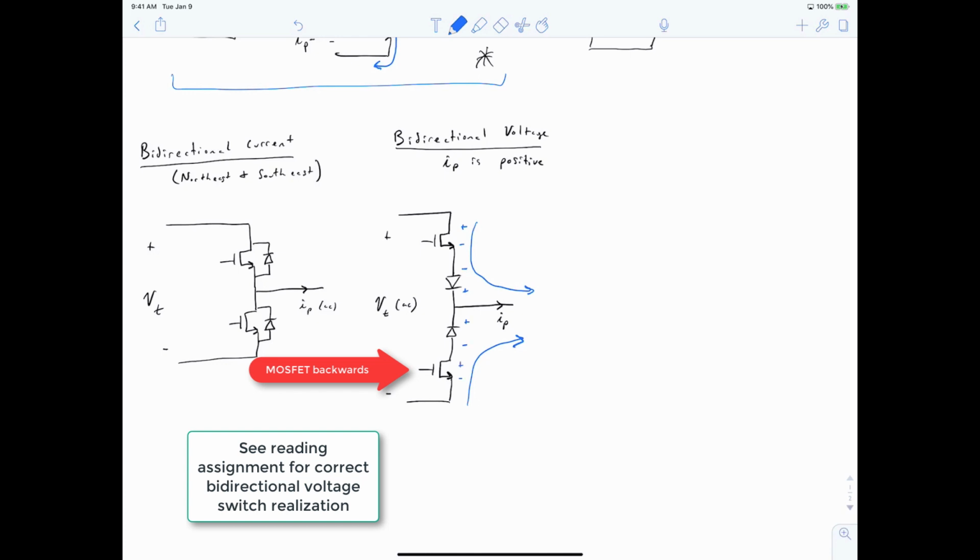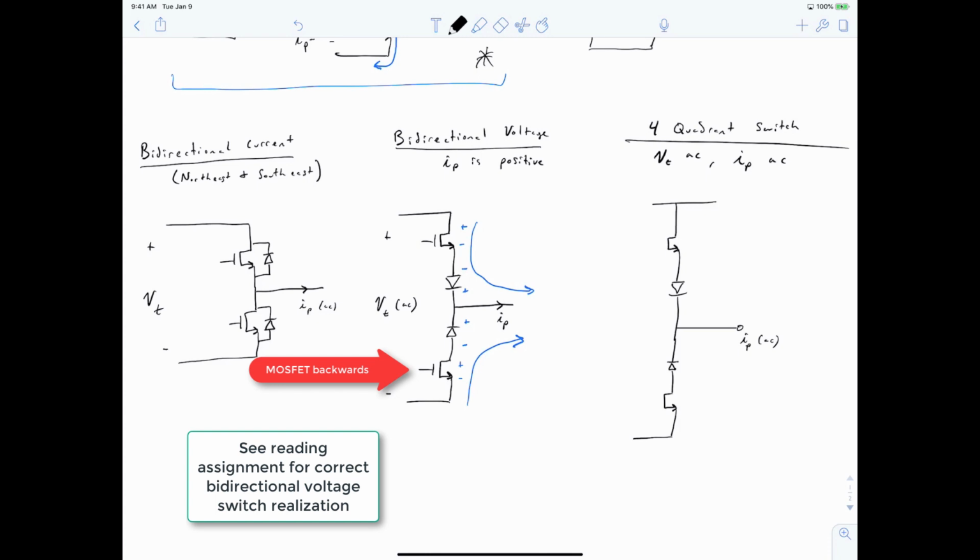The final case is the ultimate generalization. This is a four-quadrant switch, which allows us to create semiconductors that behave like our complete mechanical single-pole double-throw switch. So in this case, our throw voltage is AC and our pole current is AC. And we can view this as taking our previously drawn bidirectional switch and putting it in parallel with a switch configuration that allows current to take the opposite direction.